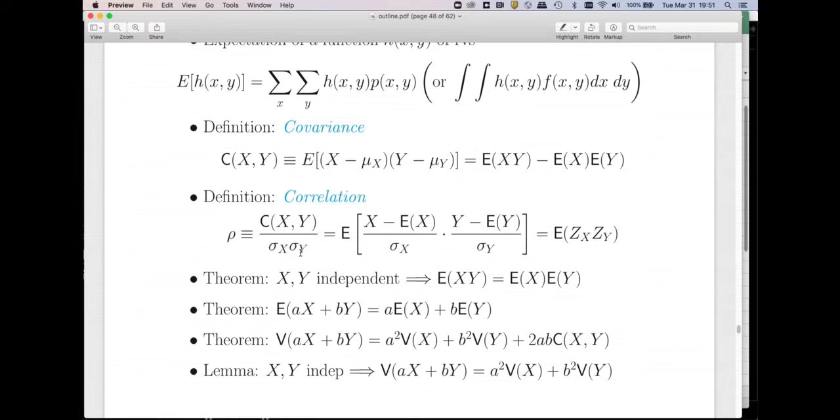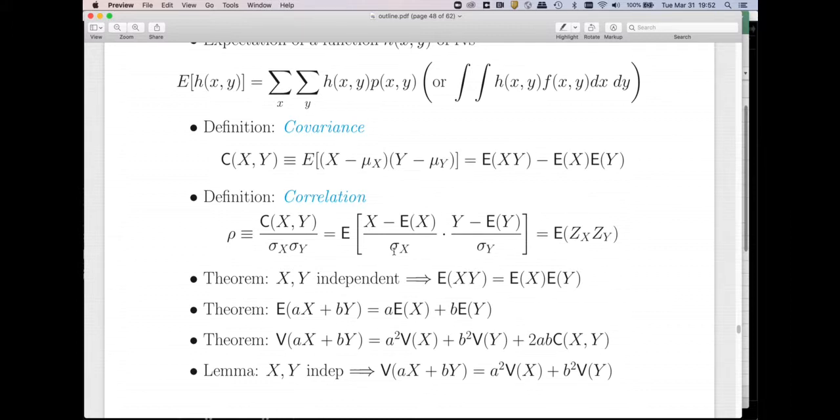Now, if we insert the definition of covariance from above, we can bring these constants inside of the expectation using a result we had last week, and we can write this in a very special form. So we have x minus its mean divided by its standard deviation, and that ought to look familiar to you.